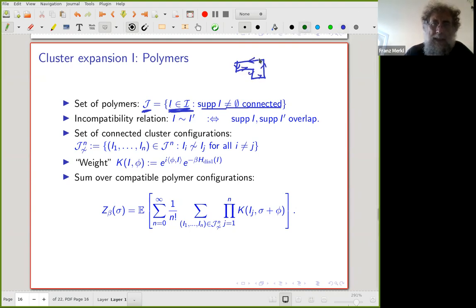And if we take another one, we say that it's incompatible with it when they overlap. So we say that I and I prime are incompatible, and for technical reasons this is denoted by a tilde and not by a crossed-out tilde, that I and I prime overlap. So you should think of I and I prime being close together. So this is why we use this tilde. They are incompatible. You can't have both at the same time because they overlap.